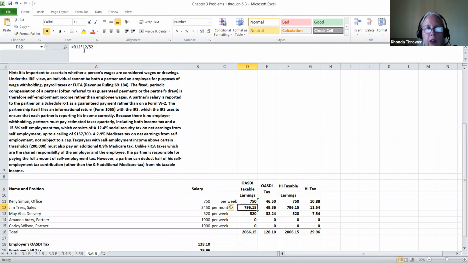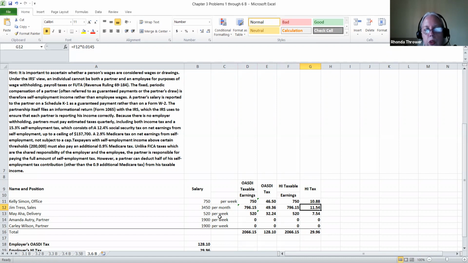You're going to annualize the wages first. Then you divide it by 52 weeks to get the weekly amount. Then, this is the earnings that are taxable. You're going to multiply it by 6.2%, and that will give you the OASDI taxes. These taxable earnings are also subject to HI at 1.45%.